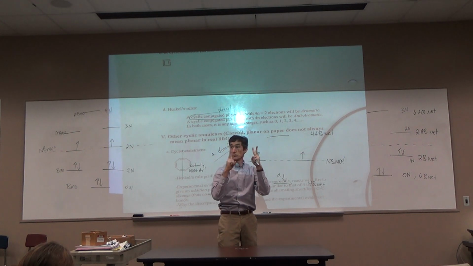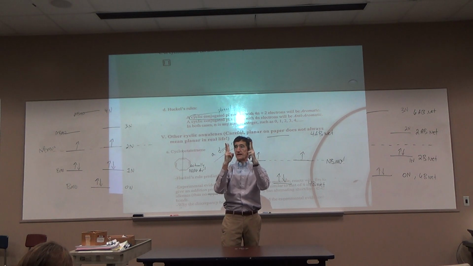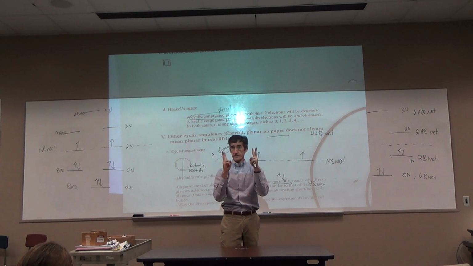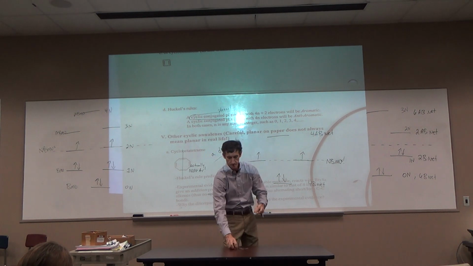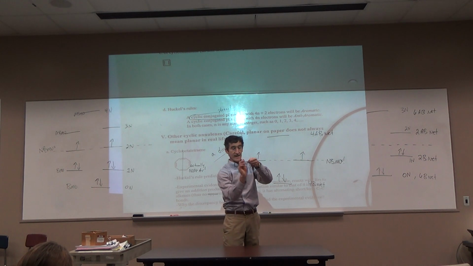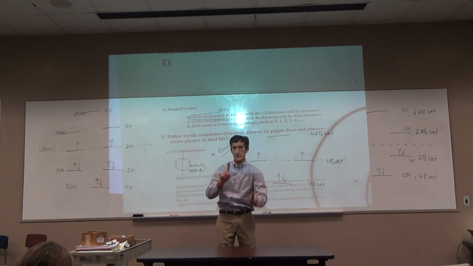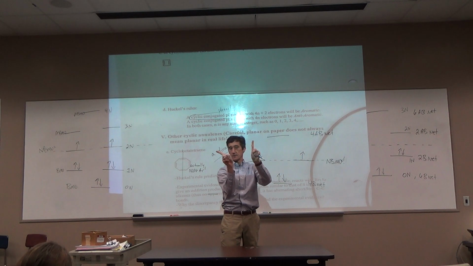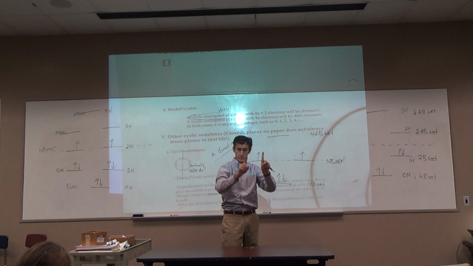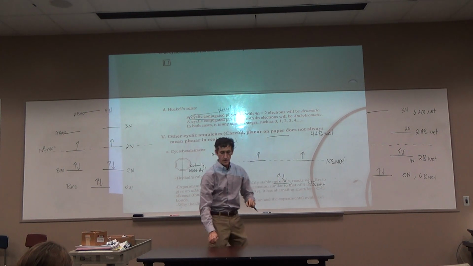Imagine there's 2 more for a total of 6. They're only going to be like that if the system is planar. If the system is bent, like down, it's going to make one of the p orbitals do this. And it would no longer be cyclic conjugated. Okay? It has to be planar.